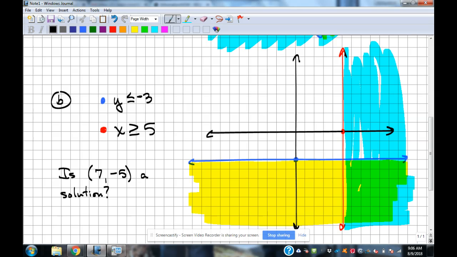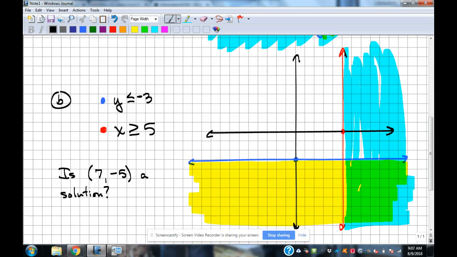It's in the overlap area. It also works in the inequalities. If I plug in x, 7, the only place there's an x is right there. 7 is greater than 5. That's true. And in the inequality here, there's only a y, so I'm only plugging in the -5. -5 is less than -3. So it's true in the inequalities. It's also in the overlap shaded area of our graph.